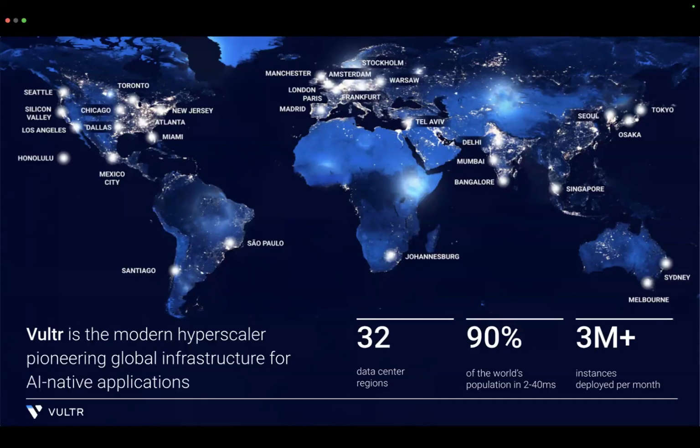So where Vultr sits today is Vultr now operates in over 32 data center regions worldwide, accessing 90% of the world's population in as little as 2 milliseconds to 40 milliseconds. Again, this gets back to the roots of the company, supporting some of the most high intensity workloads on the planet that demanded the least amount of latency.